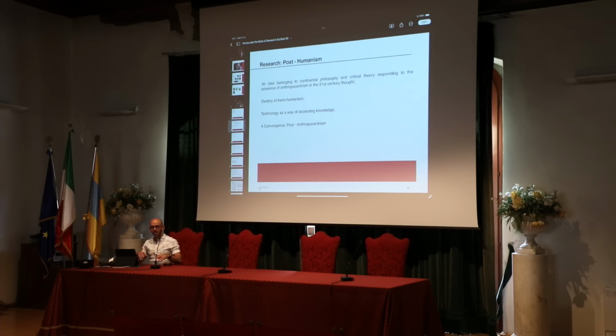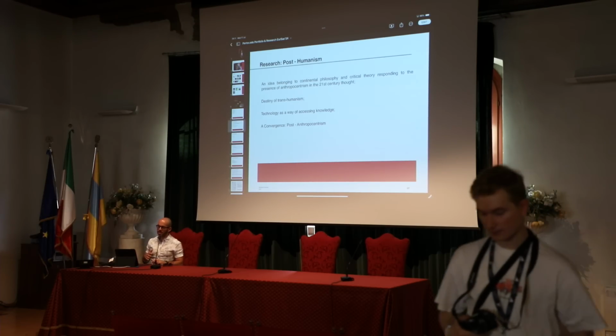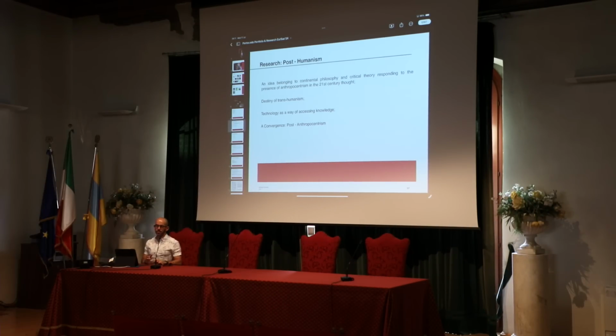This is connected to other theories on human ecology. When we speak about humanism, we are putting human beings at the center of the world, and we definitely need to take this idea to an extended context.